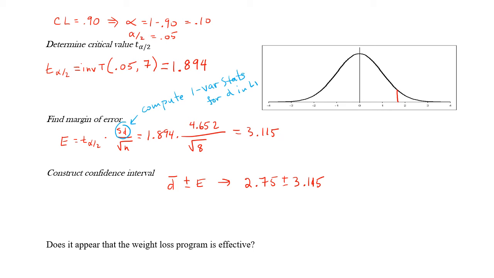So 2.75 minus 3.115 is negative 0.365 on the lower end, and on the upper end, 2.75 plus 3.115 is 5.865.